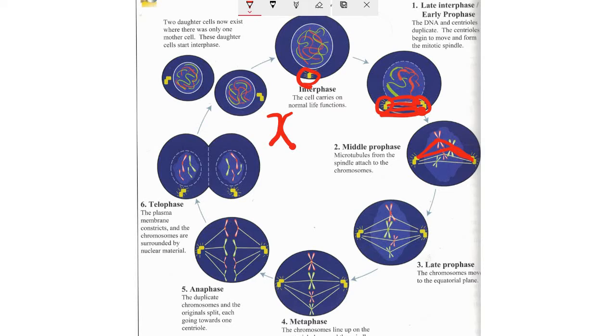By the end of prophase, those chromosomes are going to start lining up in the middle. They're not fully lined up, but they will start to line up. So in prophase, the chromosomes and the centrioles duplicate themselves, and they form spindles that attach to the chromosomes. That's prophase.